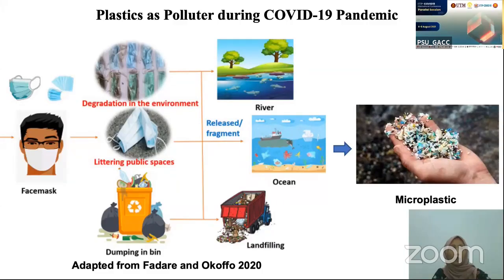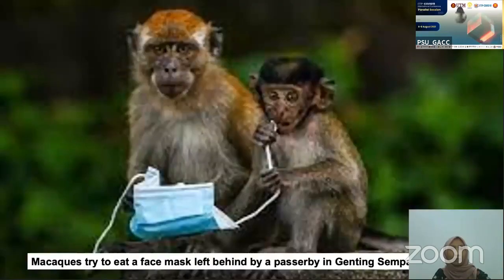In the meantime, improper plastic waste is also harmful to exposed animals. For example, macaques try to eat face masks left behind by passersby in Genting Sempah, as shown in the slide.